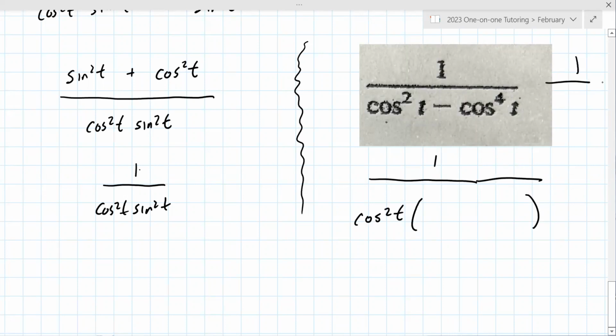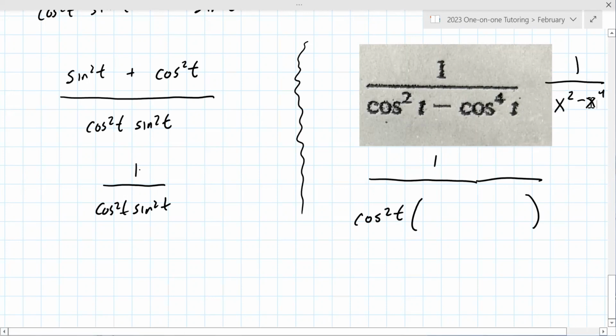So the analogous problem is x squared minus x to the 4th on the bottom, and you can factor out an x squared from both. Oh, yeah, I kind of figured that's what it was, but I forgot you could do that. So what goes in parentheses here?